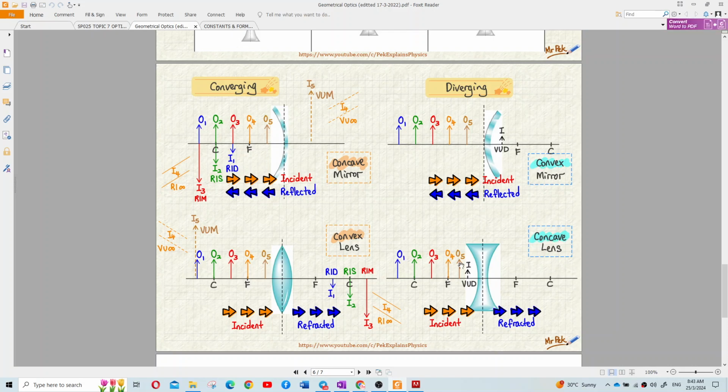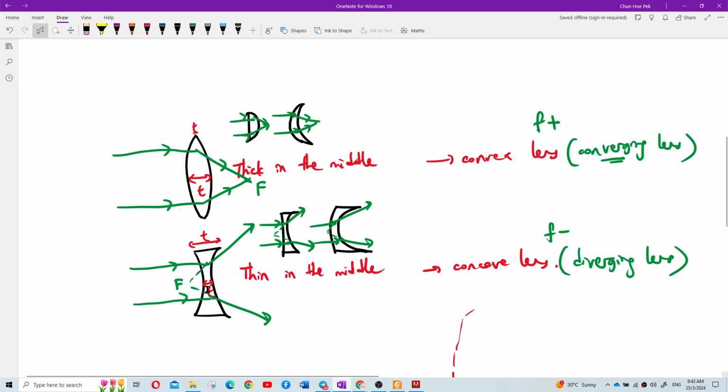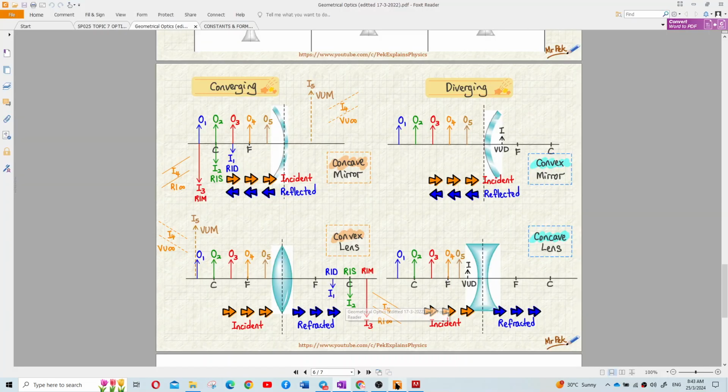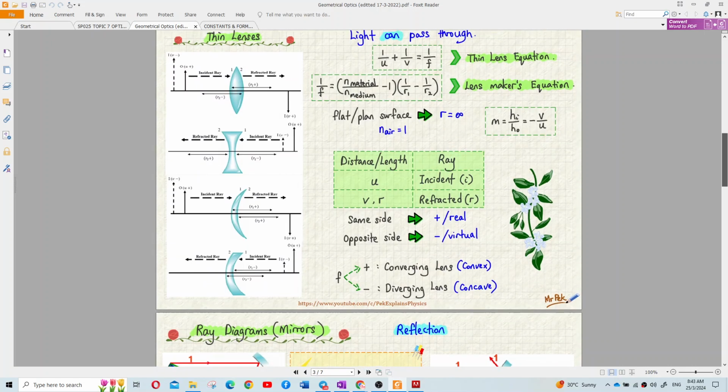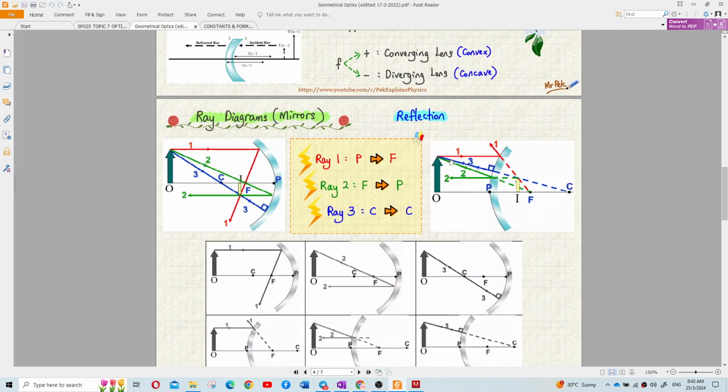Concave lens only diverges the light away. You see this one? Concave lens diverges the light, very much like convex mirror. Convex mirror diverges the light away.